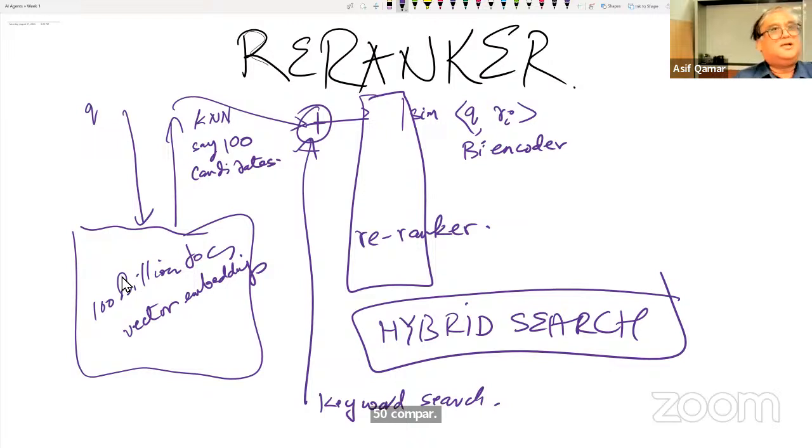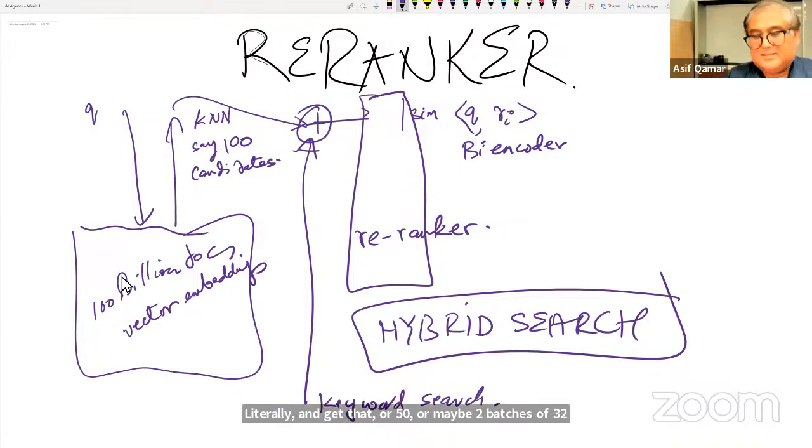You can literally send a batch of 50 at one go, the mini batch size, or maybe 2 batches of 32, or whatever it is, and get the results. So very quickly you can get the results in 2 real computes. This is the way to do hybrid search.